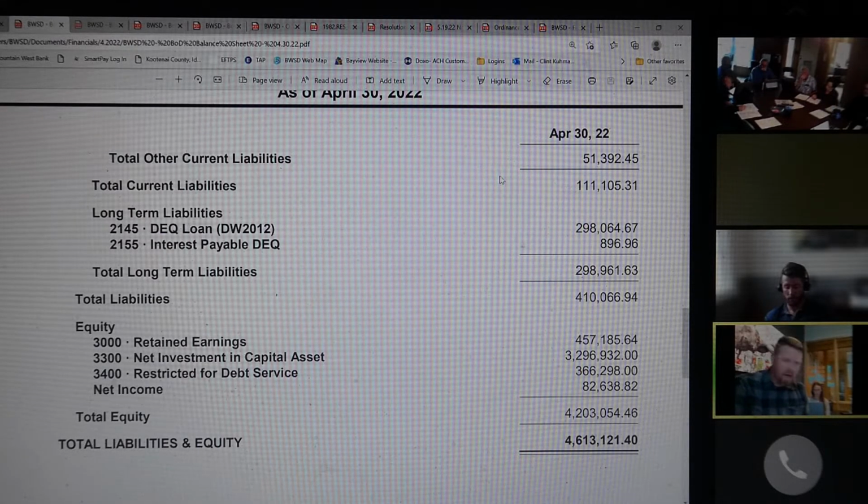The other note that I wanted to point out here was our equity portion, you know, the retained earnings. These are annual postings, or annual closeouts, that are determined largely by the audit. We will be making an adjustment to how these read.